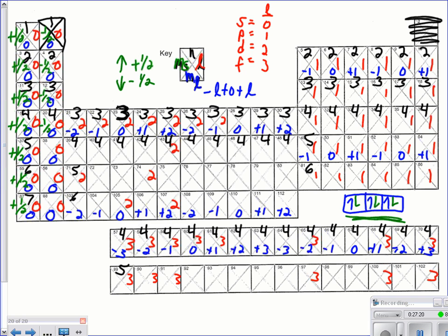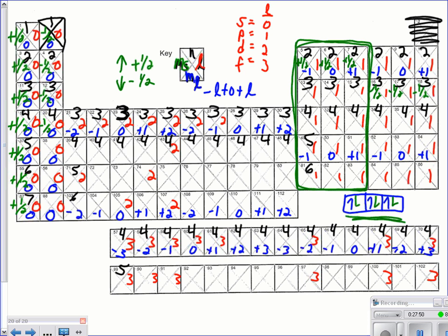Etc. If I were to go over to my P block, I would see, just like we saw from that orbital spin diagram, that all of these guys are going to be the plus 1/2. Then all of these guys are the minus 1/2. So up, up, up, down, down, down.